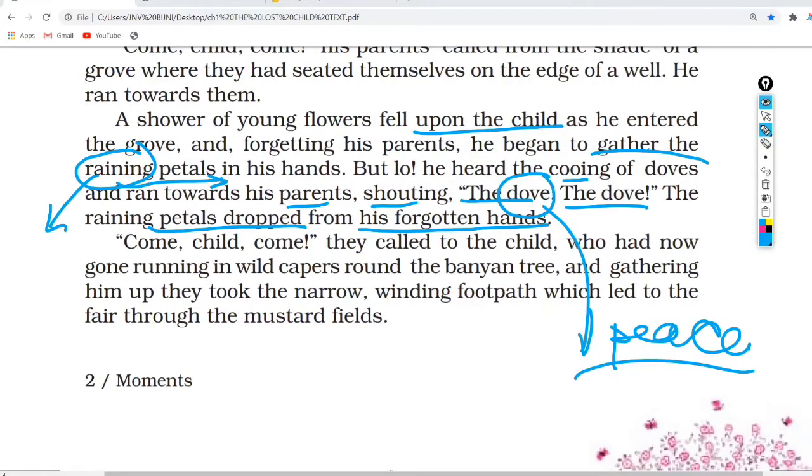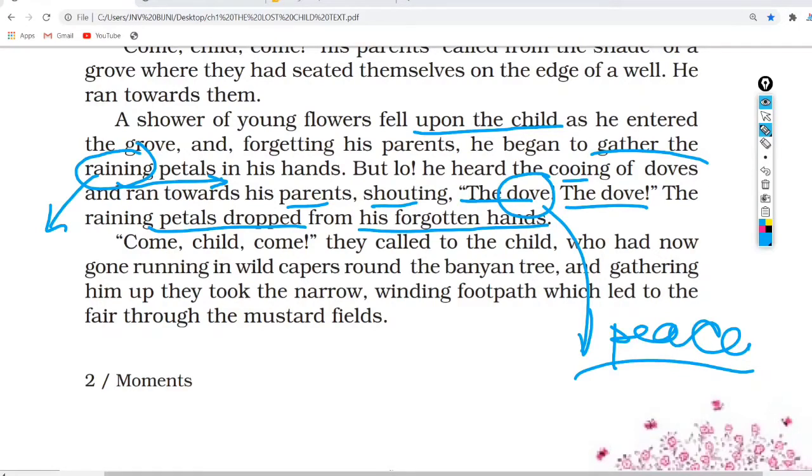Come, child, come. They called to the child who had now gone running into the wild capers under the banyan tree, and gathering him up, they took the narrow winding footpath which led to the fair through the mustard field. Now at this particular moment, we could see that they are going just near the fair.